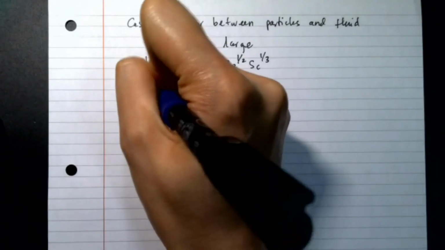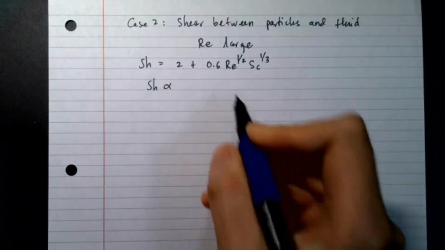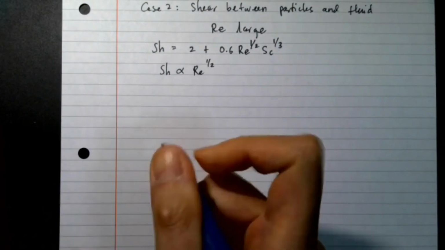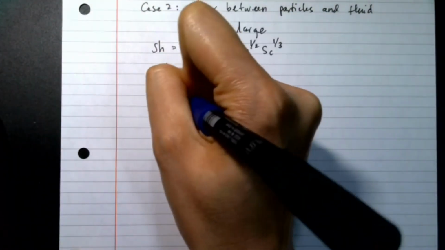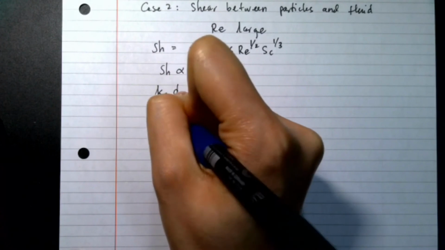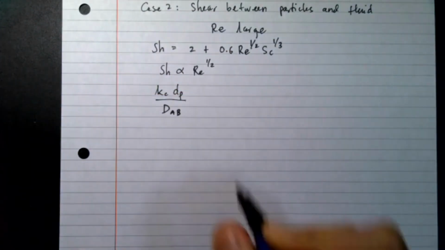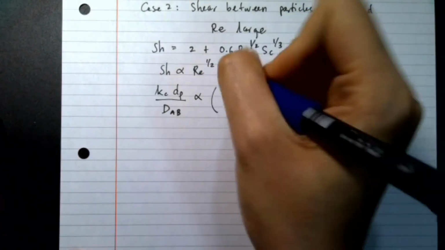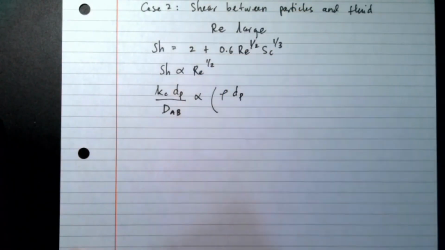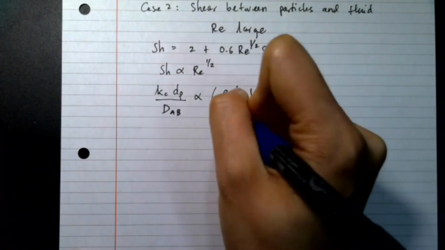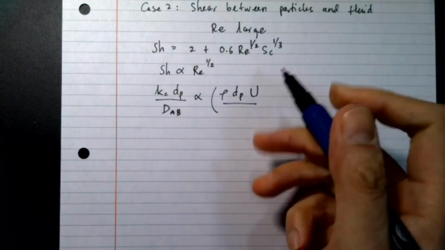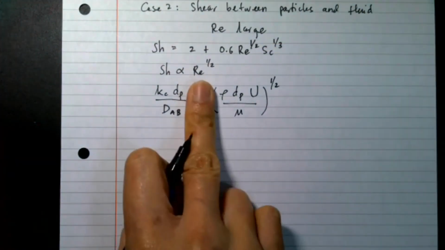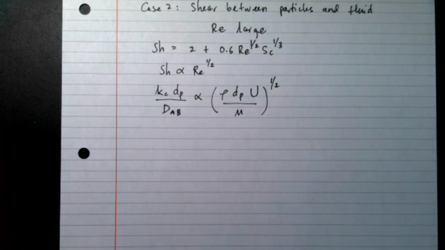So we can write Sherwood number proportional to the square root of the Reynolds number. And we know that the Sherwood number is equal to Kc times the particle diameter divided by the diffusivity of A and B. This is proportional to the Reynolds number, which is the density of the fluid times the particle diameter times the velocity u of the fluid, divided by the viscosity of the fluid, raised to 1/2.